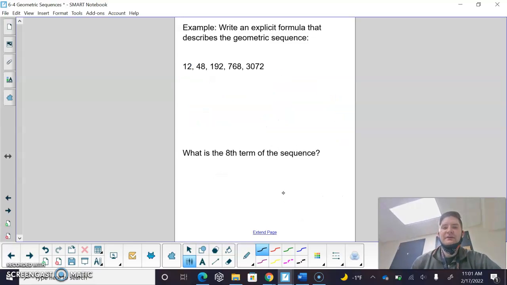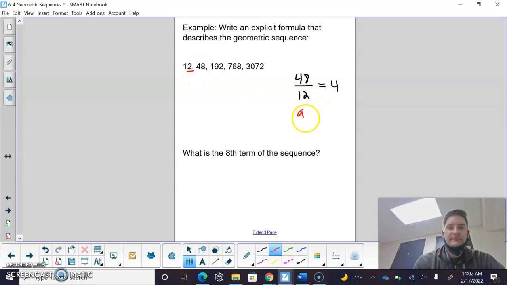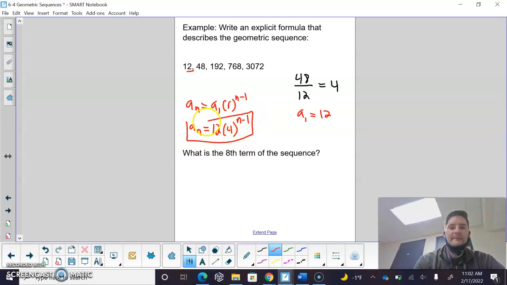And then the last one where it says, once again, you're going to write the explicit formula. So this is a geometric sequence. So you're going to do 48 divided by 12. That's going to be 4. Your first term is going to be 12. That's going to be our equation.